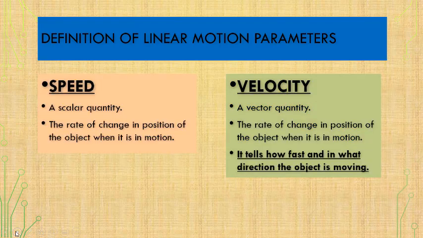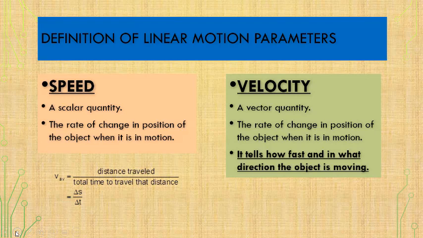For speed, it is a scalar quantity. It is the rate of change in position of the object when it is in motion. Whereas for velocity, it is a vector quantity. It is the rate of change in position of the object when it is in motion, and it tells how fast and in what direction the object is moving.